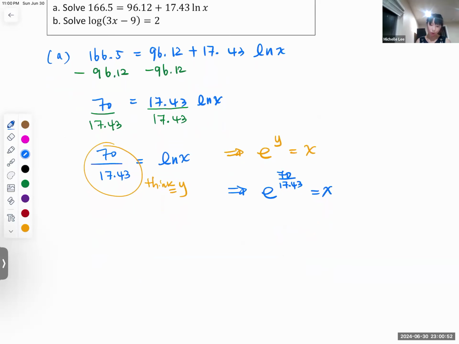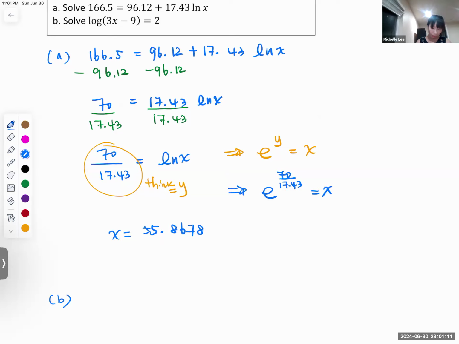Okay, so x will be, if we calculate this one, 55.8678. Is it okay? All right.